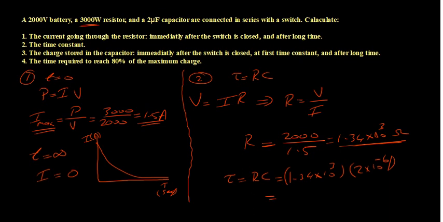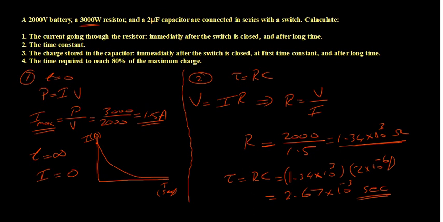Doing the calculation, that will give me 2.67 times 10 to the power minus 3 seconds. That will be the time constant, or the first time constant, in this RC circuit.